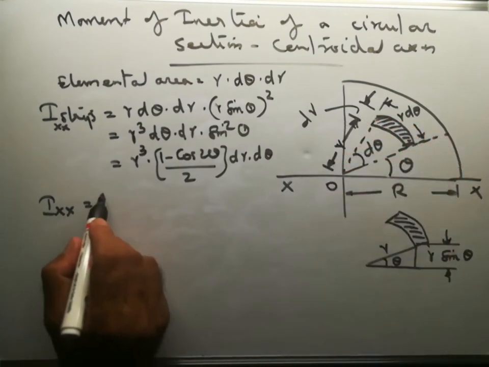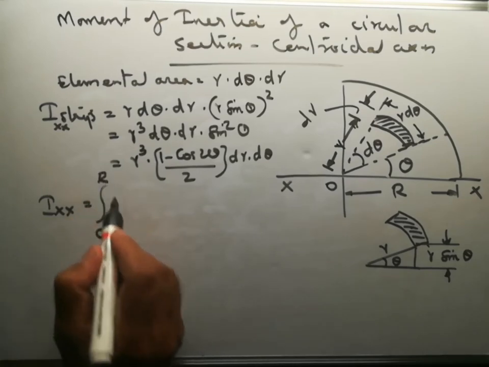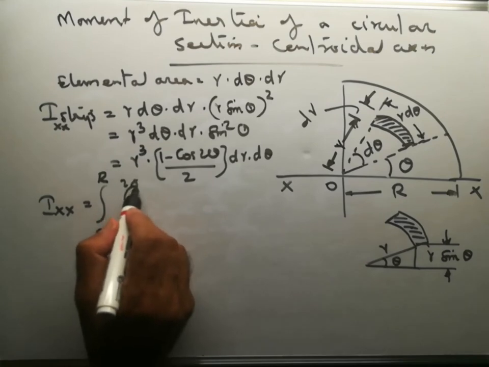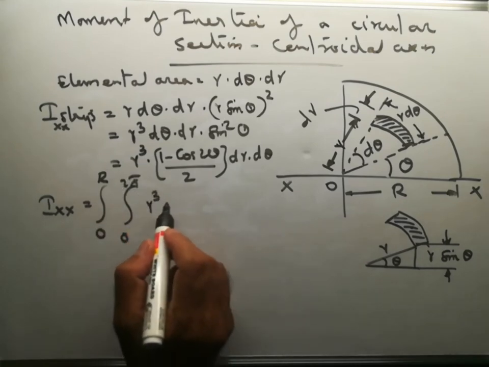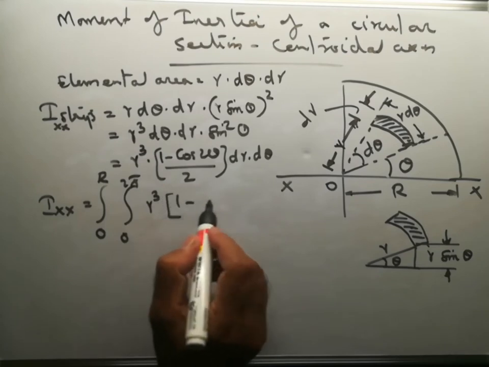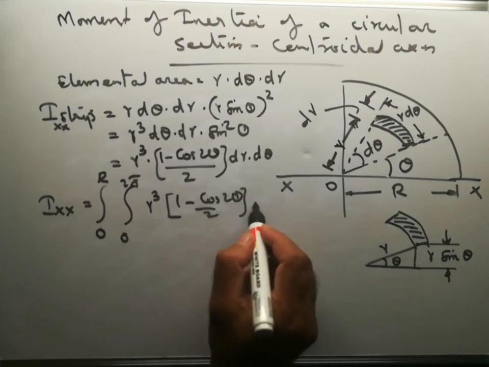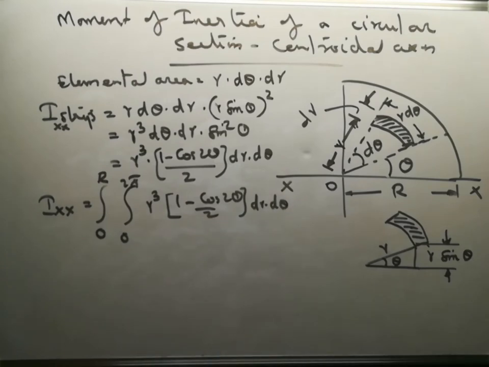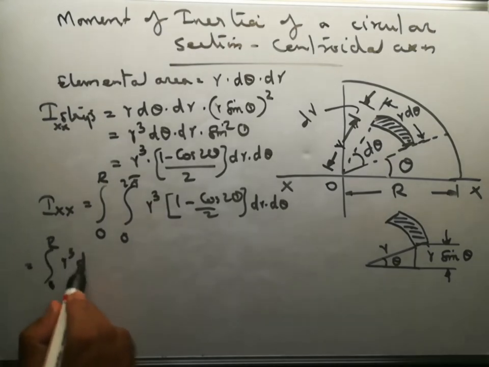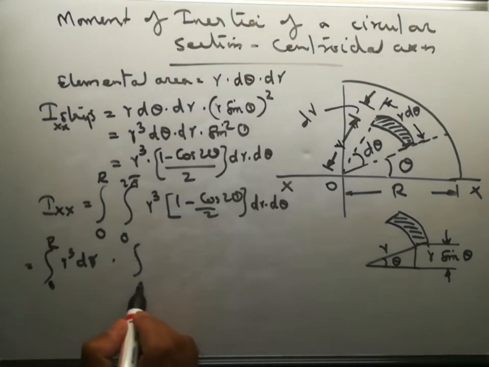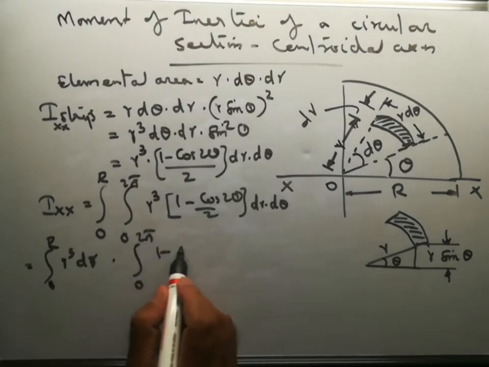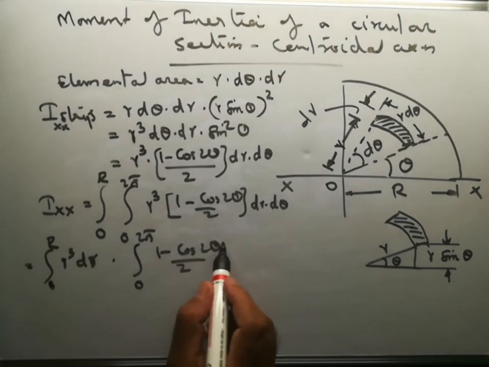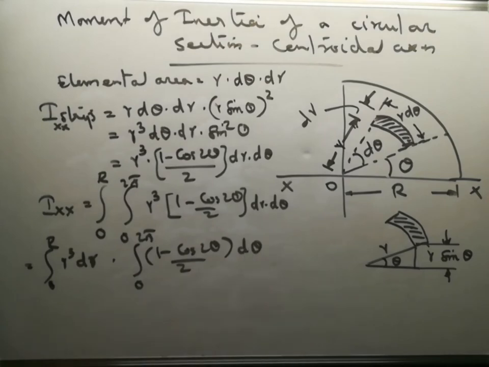So we can write it as the integral from 0 to r of r cubed dr into the integral from 0 to 2 pi of (1 minus cos 2 theta) by 2 d theta.